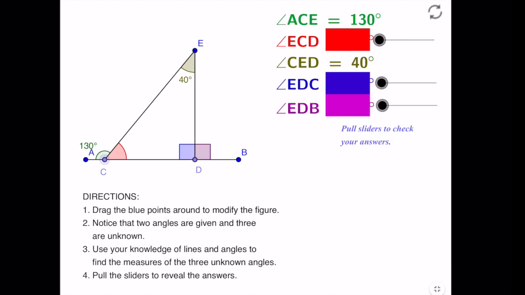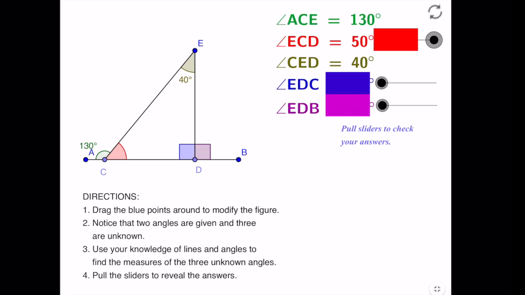So if we add 90 plus 40, you get 130. And that means by the rule of all triangle interior angles, you subtract that from 180, because all triangles' interior angles must equal 180 total. So therefore, what is angle C going to be? Let's go ahead and take a look. 50 degrees, right? Because 50 plus 130 is equal to 180.